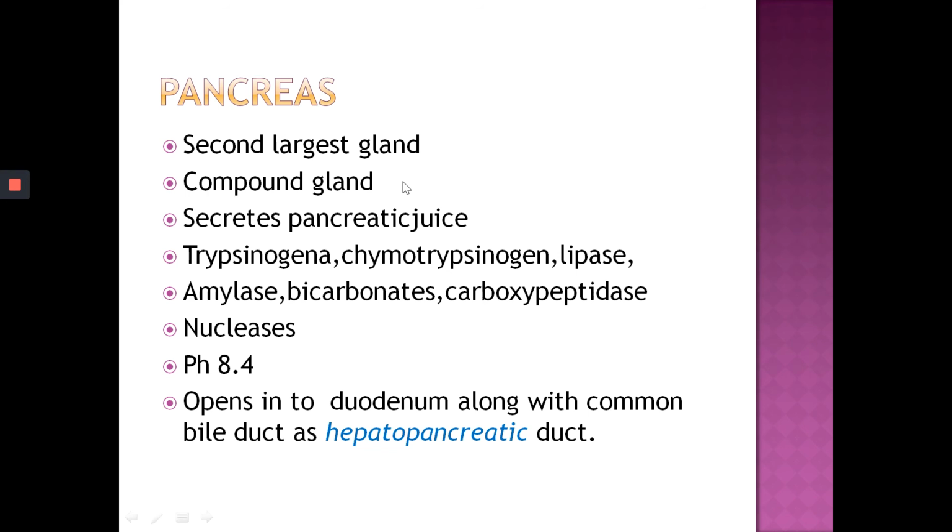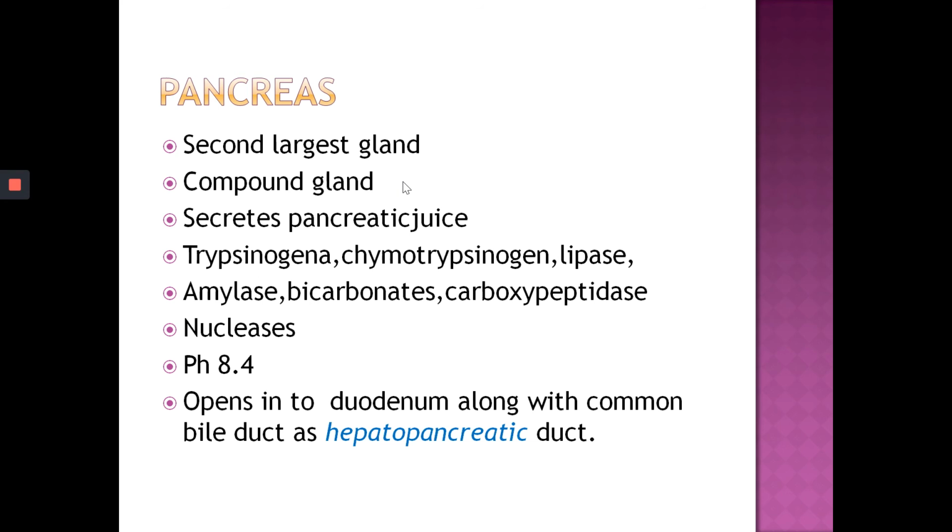What is meant by a compound gland? The pancreas acts both as a digestive gland and as an endocrine gland. The endocrine part of the pancreas is the islets of Langerhans, and the digestive part is the acini. Why is the pancreas known as a compound gland?